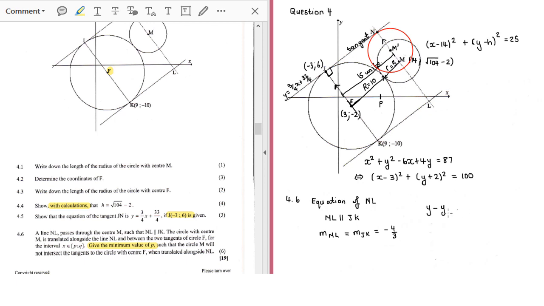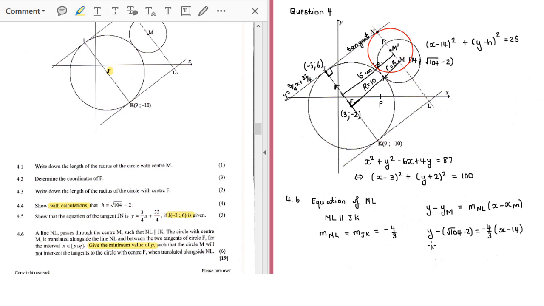Well, the only point we really have is this point M. So it's going to be y minus the y value at M equals the gradient of NL times x minus the x value at M. If we substitute this in, we have y minus, well, the y value at M is the square root of 104 minus 2, equals negative 4/3 times x minus, and the x value there is 14.